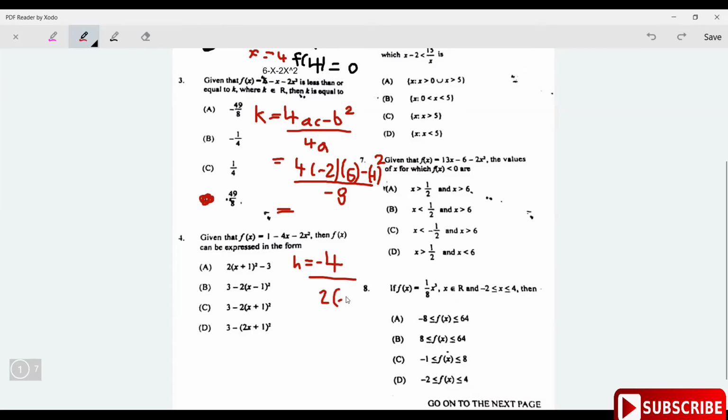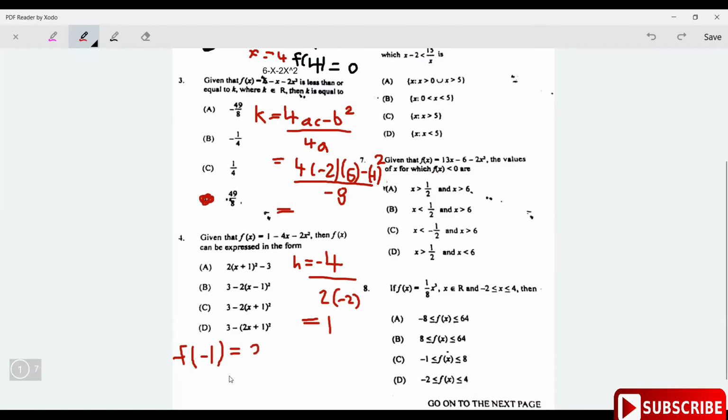So when I work that out, I get that h is 1. So what you're then going to do is find out what f of minus 1 is. F of minus 1 is going to be k. So I plug in f of minus 1 and I get 1 minus 4 times minus 1 minus 2 times minus 1 squared, and I get 3.